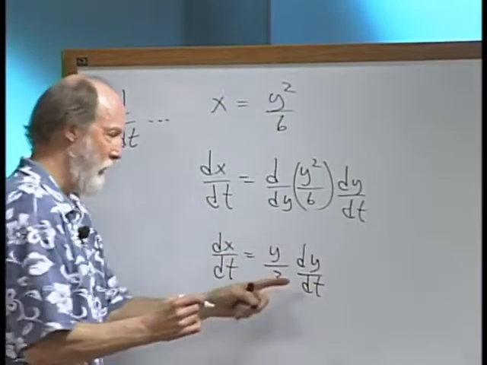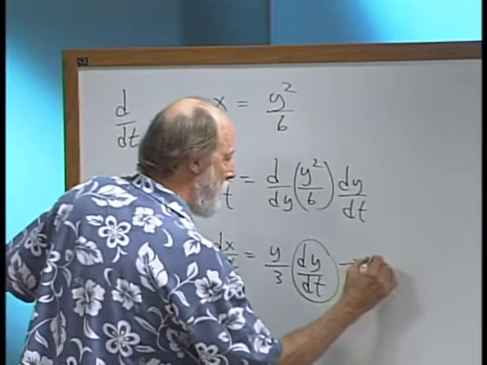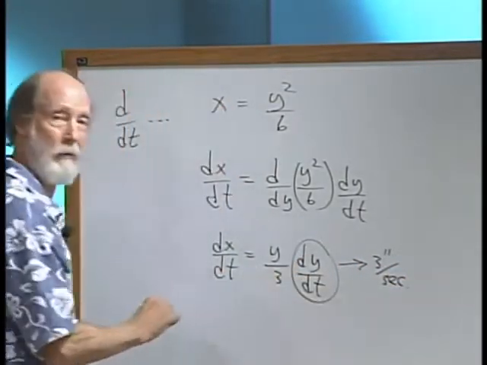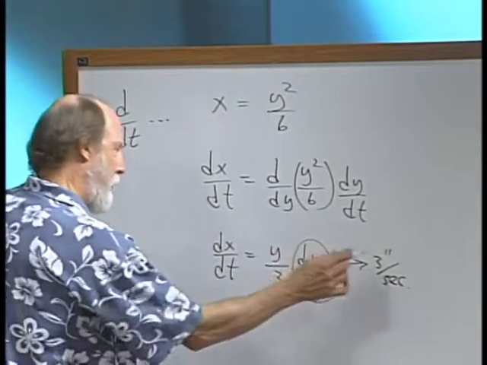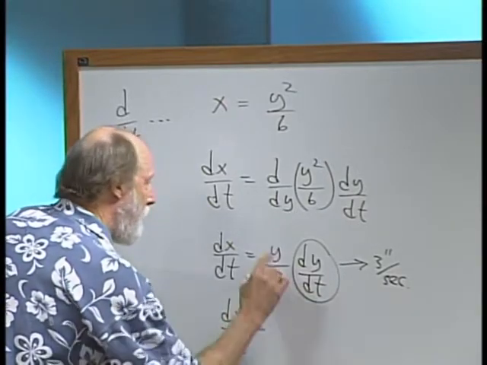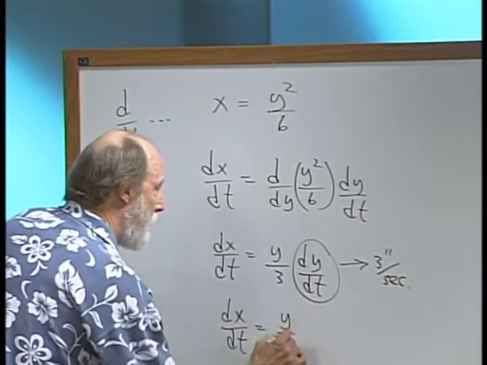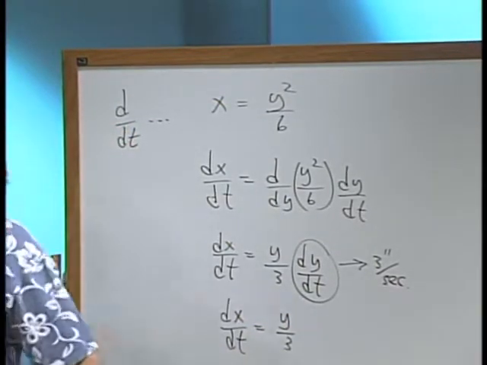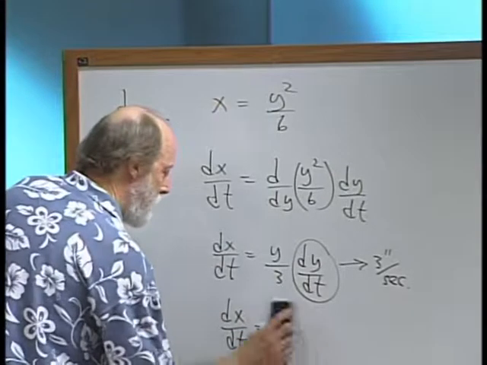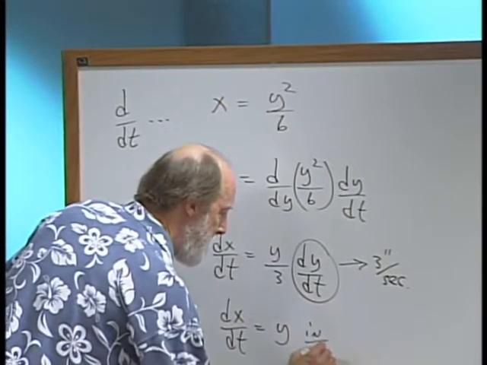And dy dt is equal to 3, so this is equal to 3 inches per second, constant vertical rate of change. So if we put that in there, then dx dt is equal to y over, just the value of y. And what would be the units on that? Should be inches per second. Inches per second.